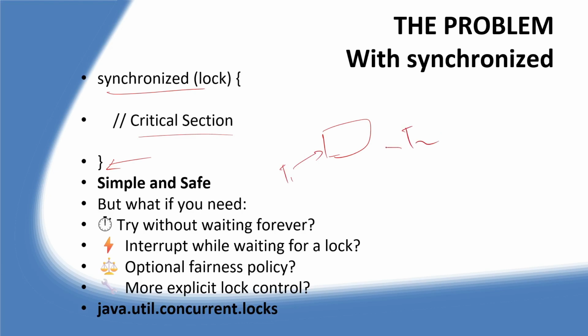Another thread is trying to acquire it but is not able to, because the other thread has already acquired this critical section. In such cases, we want this thread to do something else. And what if we want lock acquisition to be interruptible? Or what if we want an optional fairness policy?